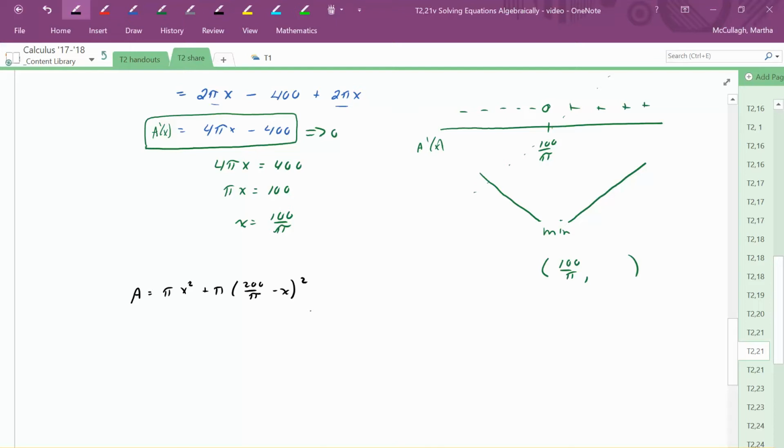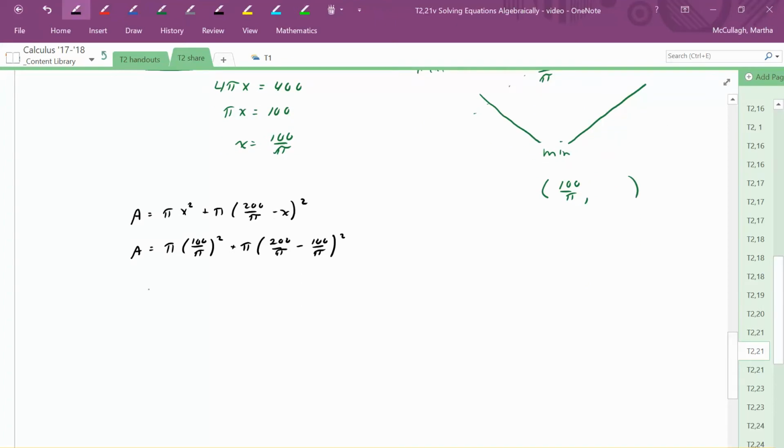And I'm going to plug in my 100 over pi. So A equals pi times 100 over pi squared plus pi times 200 over pi minus 100 over pi, plugging in for x, squared.